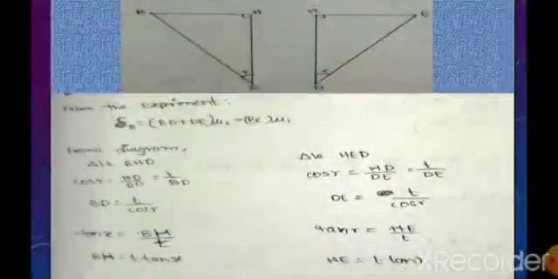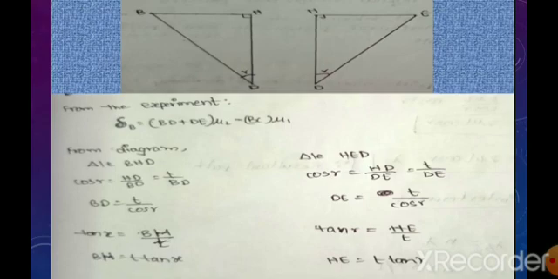Now consider triangles BDH and DHC. Those two are similar triangles. From the experiment, delta equals (BD plus DE) into mu2, the refractive index of the glass, minus BC into mu1, the refractive index of air. From triangle BHD, cos r equals HD by BD, that equals T by BD.